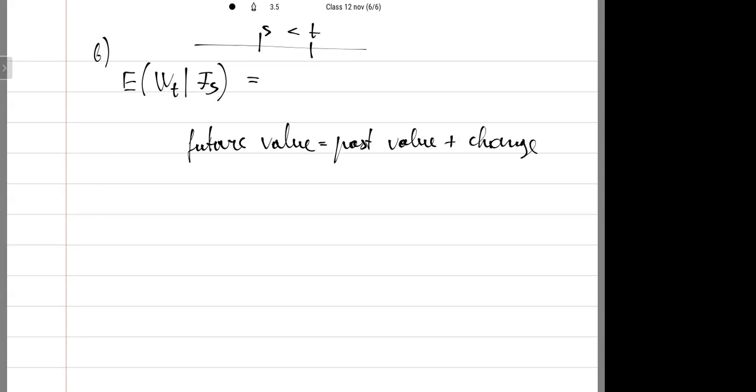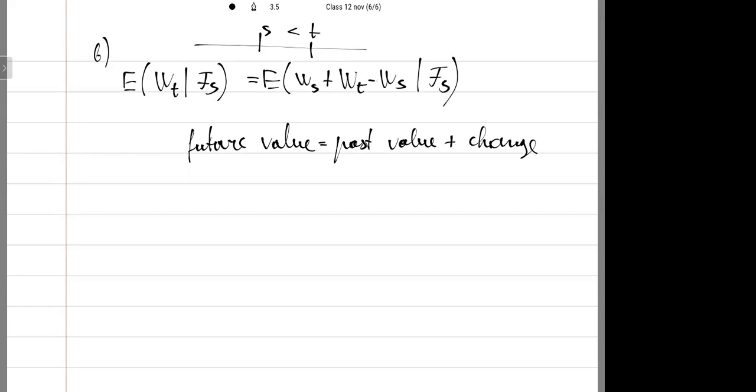That's an easy trick, and in this situation it's more or less obvious. So it's Ws plus (Wt minus Ws) given Fs.